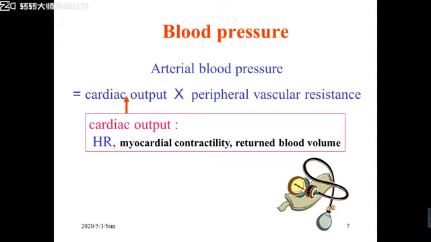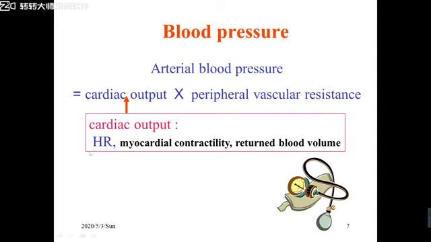Do you remember? Yes, you are right. We studied that beta receptor blockers have negative inotropic action and negative chronotropic action; they can reduce heart rate and reduce contractility. Yes, later we will use beta receptor blockers to treat hypertension.